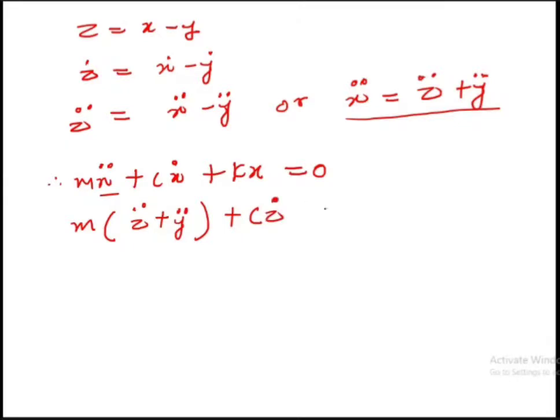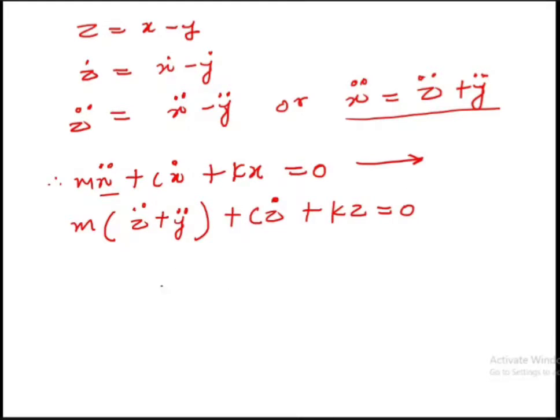And plus, what is x? X is nothing but z. So what I have done, this is my basic equation of motion, which I have taken in terms of x. That is the absolute amplitude. But here I have to convert it into the relative amplitude. What is relative amplitude? Z, okay? So x dot is equal to z dot, x is the z, and x double dot I have considered z double dot plus y double dot. Okay. So from this equation, what will I get?